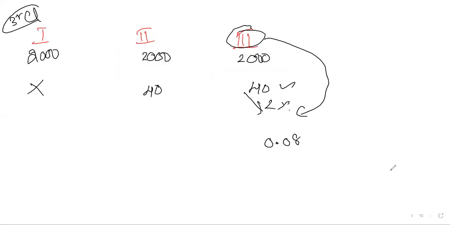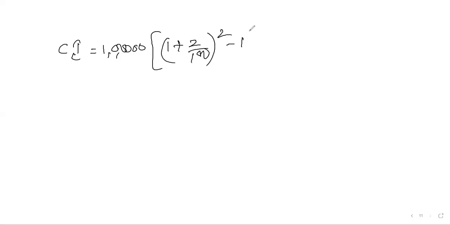But the same thing if you calculate using the formula, CI is equal to principal 1 lakh into (1 plus 2 by 100) whole square minus 1. 2 ones are 2, 5s are 0.